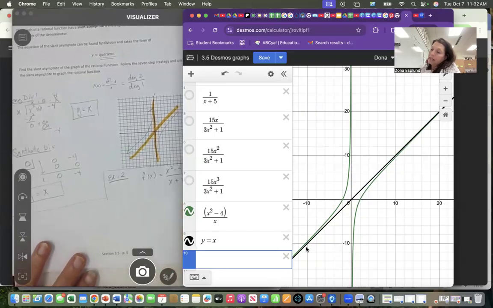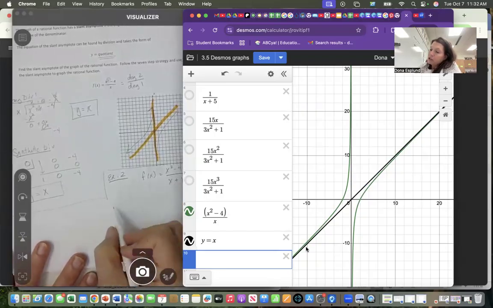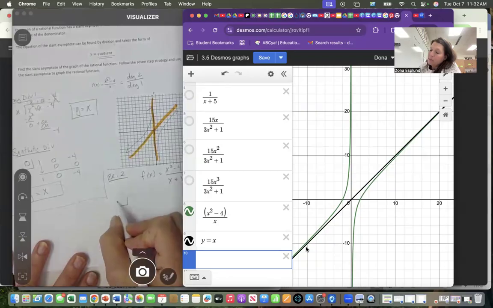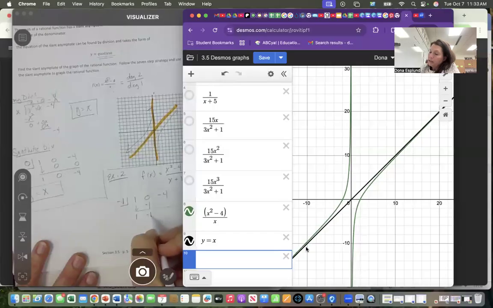Again, I'm going to use my long division, or I could go ahead and use my synthetic division. This time, because I have a plus 1, in synthetic division I'm going to use a minus 1. It's the opposite. Then I would have a 1, then 0, and then a negative 4. I'm going to just drop this down: 1. 1 times negative 1 is negative 1, and then I have negative 1.